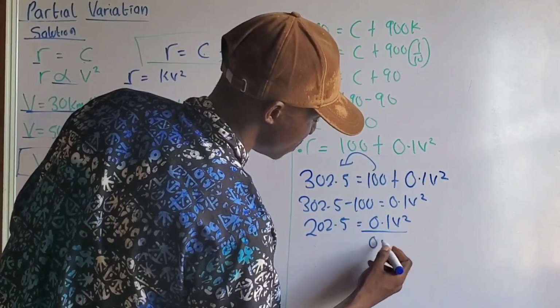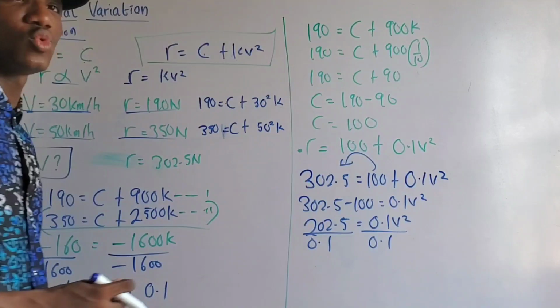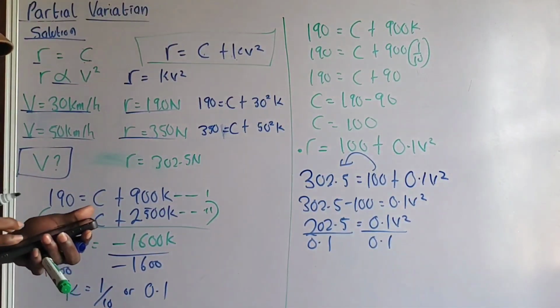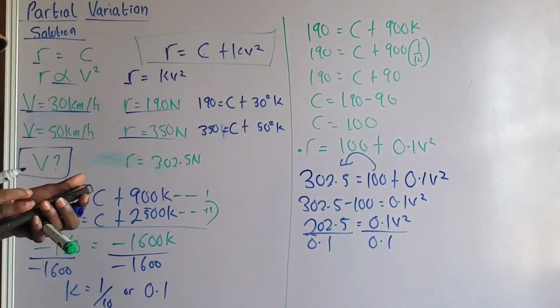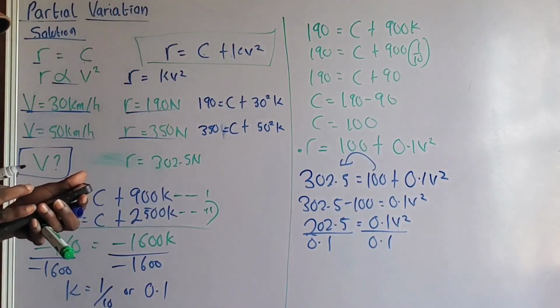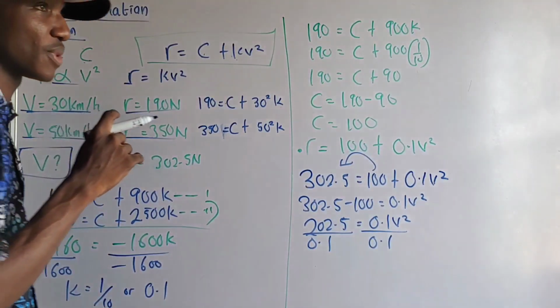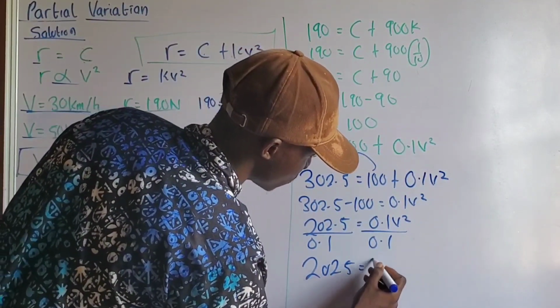To get the value of v, first divide both sides by 0.1. 202.5 divided by 0.1 is 2025. Okay, 2025 equals v squared.